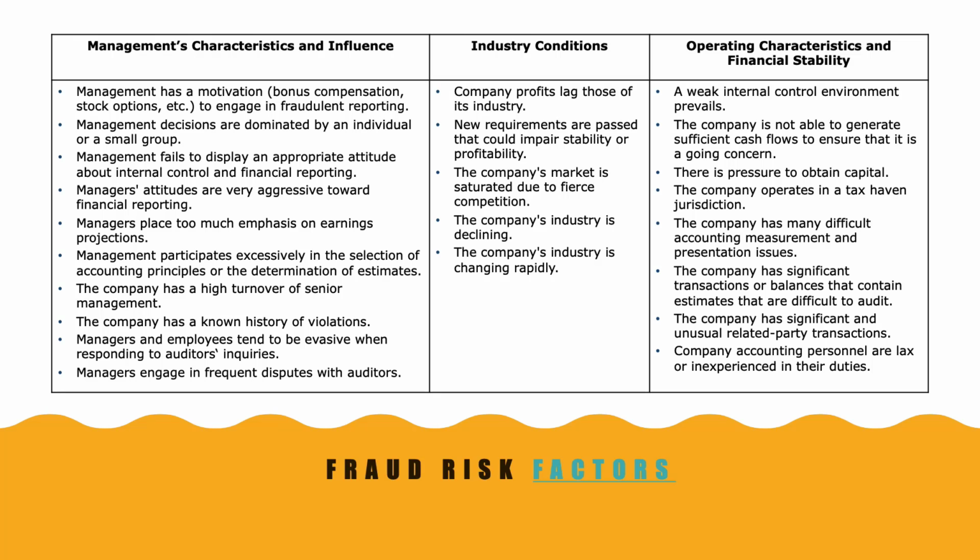Previous instances of ethical lapses or regulatory violations within the organization may indicate a higher propensity for future fraudulent activities. A lack of independence or a board that is not vigilant in its oversight responsibilities may enable management to engage in fraudulent financial reporting with less scrutiny.